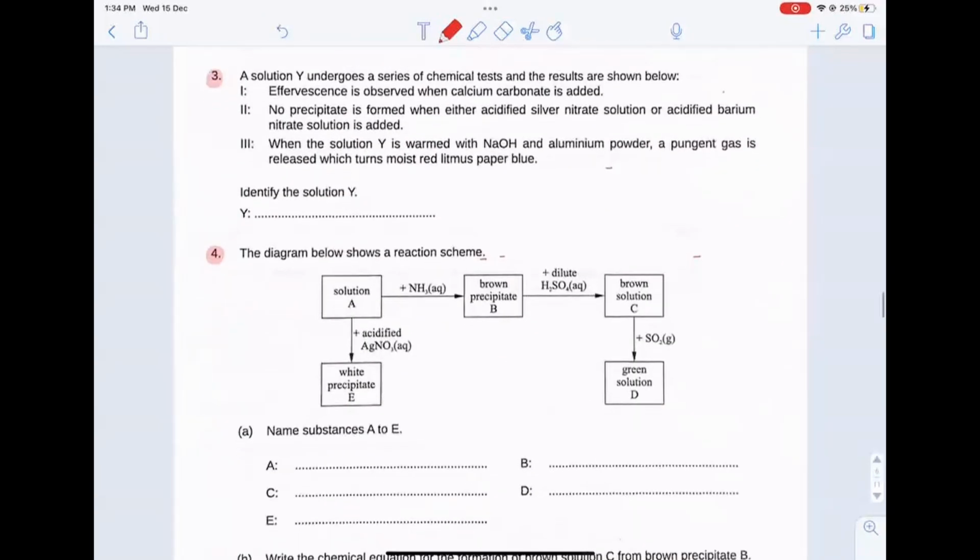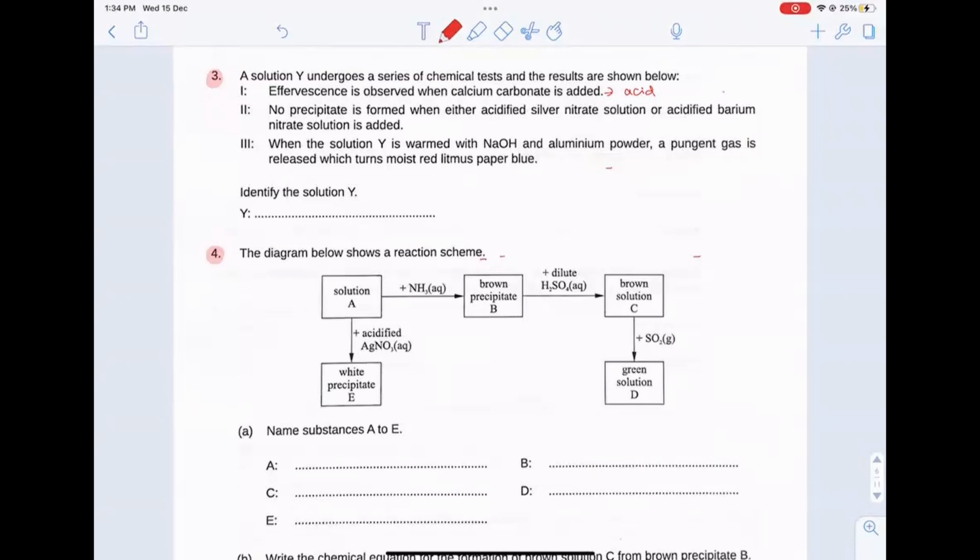A solution Y undergoes a series of chemical tests, and the results are shown below. Number 1, effervescence is observed when calcium carbonate is added. So what does this tell us? Well, you have a gas produced because we have effervescence. If you have a carbonate, then most likely it means that an acid is present because acid plus carbonate will give you carbon dioxide, which will be responsible for the effervescence.